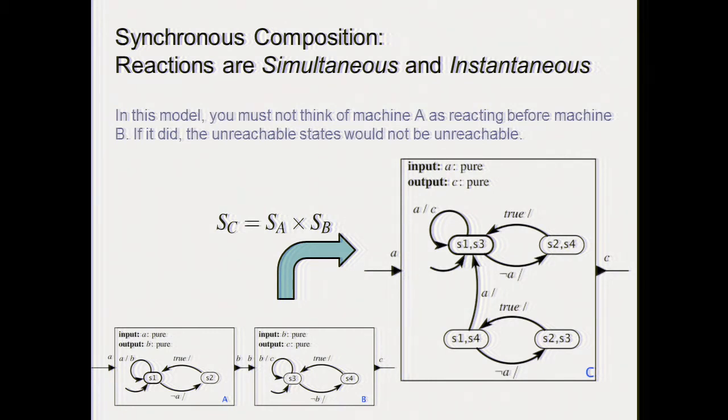Now, if A is not present, I go to S2, and it outputs nothing, so B is not there, so machine 2 takes a transition and goes to S4. So I go to S2, S4, under the condition not A, because not B is the same. And then I always come back to S1, S3 on true.